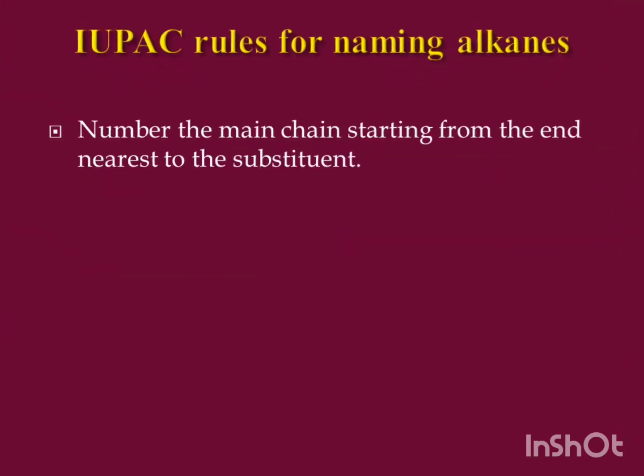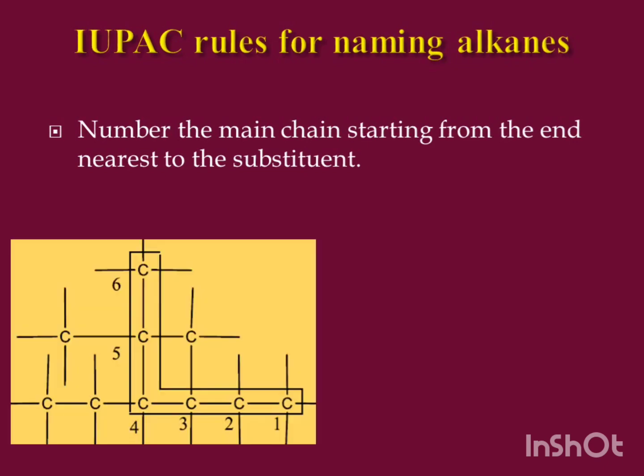The third rule says, number the main chain starting from the end nearest to the substituent. Let us understand this rule through an example. Look at this molecule. We can number it from either side. If I start numbering from the bottom, I will get my first substituent at carbon number 4.